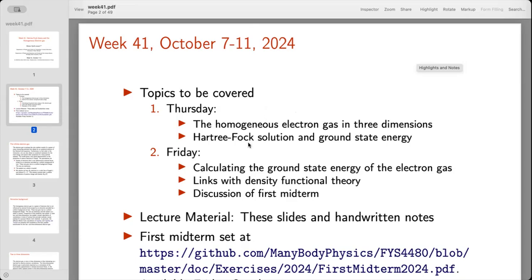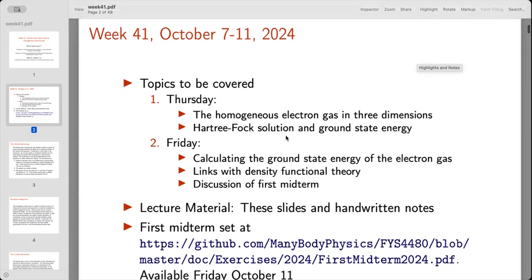So we are going to go through many of these details, and we're also going to look at the calculation of the ground state energy. And then at the end, we are going to start linking this with density functional theory, which is the standard mean field theory, which is used widely in material science. It's used in condensed matter physics.